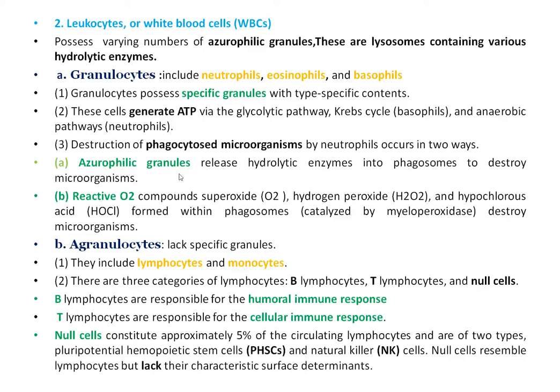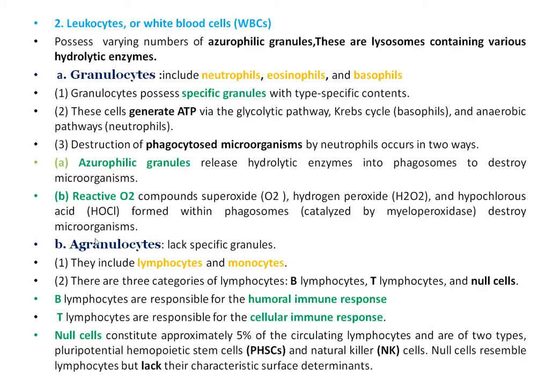The eosinophilic granules release hydrolytic enzymes, because they are lysosomes that have hydrolytic enzymes, to the phagosomes to destroy microorganisms. Or, in another way, by reactive oxygen compounds such as superoxide, hydrogen peroxide, and hypochlorous acid, formed within phagosomes, catalyzed by myeloperoxidase, which destroy microorganisms.